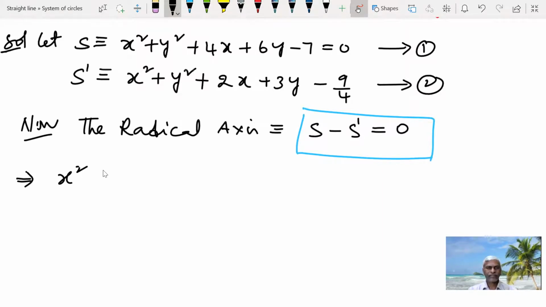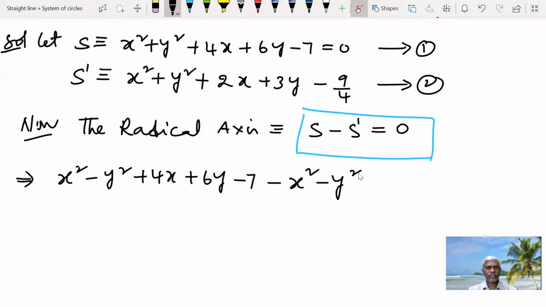x square minus x square, y square minus y square, plus 4x, 6y, you can write one below the other and subtract, or change the sign, minus into minus plus 9/4 is equal to 0.